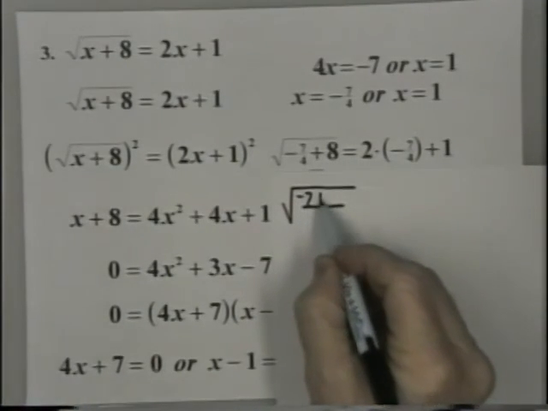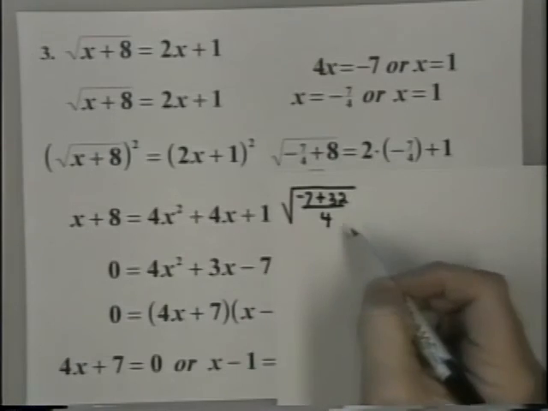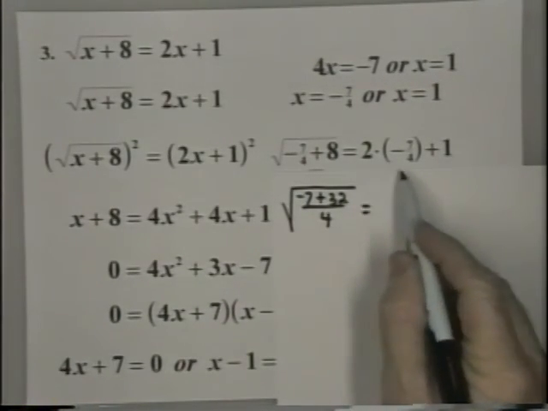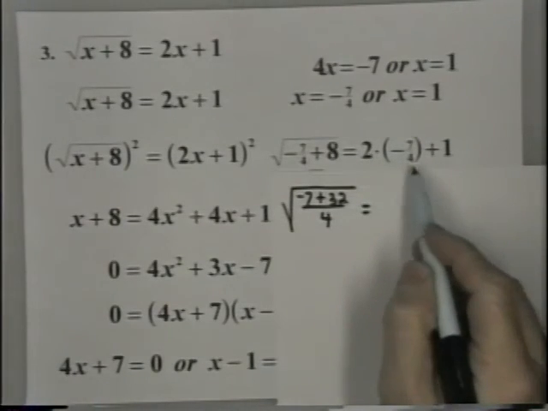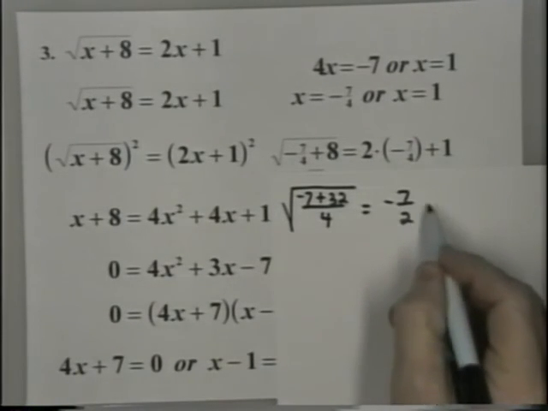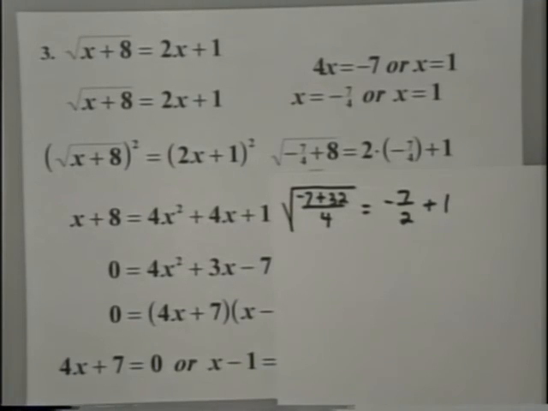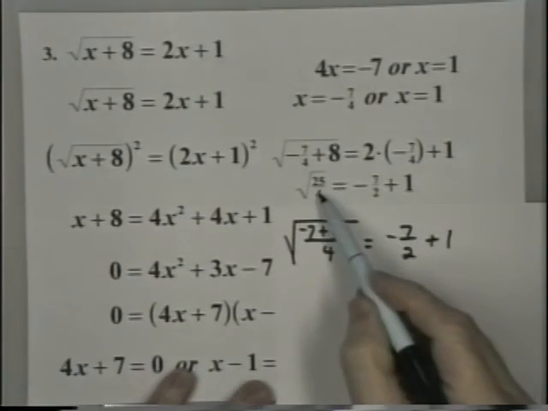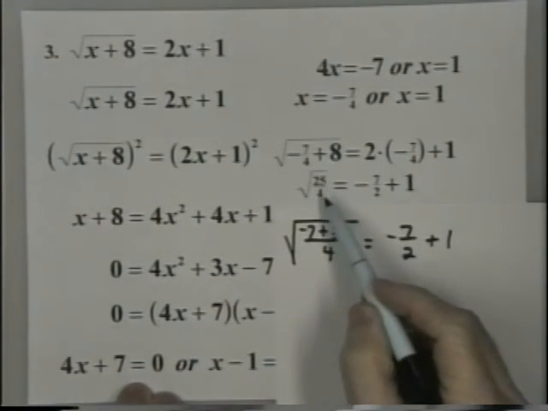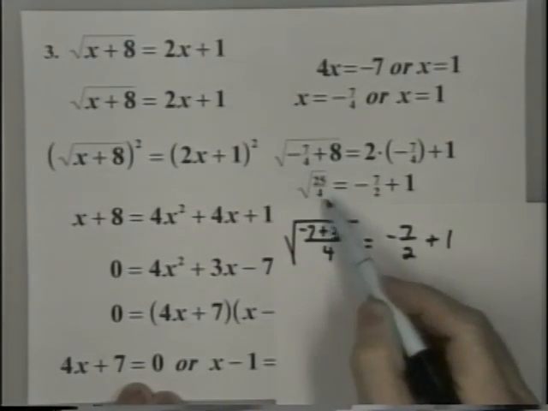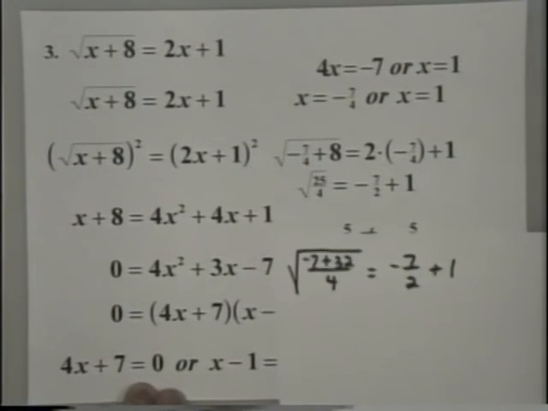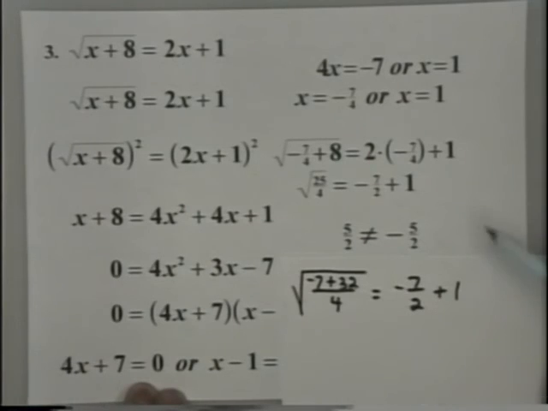So you'd have negative 7 plus 32 fourths, and that's all under the radical. Is that equal to, dividing out a 2, negative 7/2 plus 1? And add those together, and that's a positive 25/4 under the radical, and that's a perfect square. Square root of 25/4 is 5/2, but on the right side we get a negative 5/2.